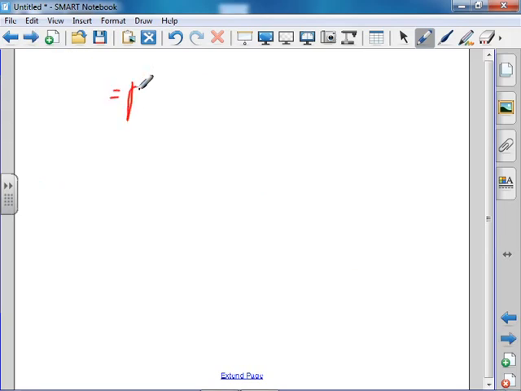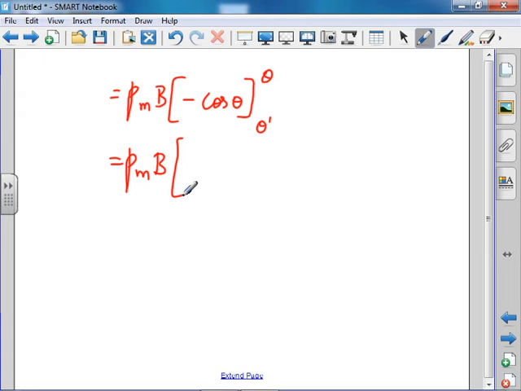So it is equal to PMB into minus cos theta within the limits theta dash to theta. Now apply the limits. We can take the negative sign to the front: PMB into cos theta minus cos theta dash.